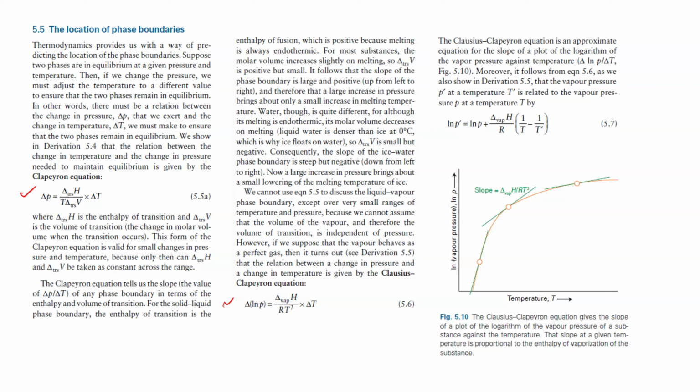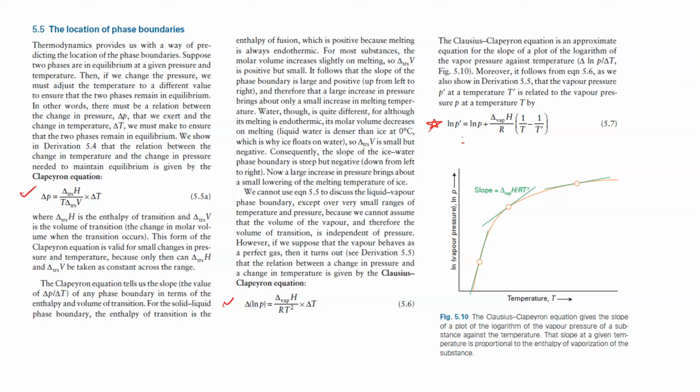So if you rearrange it, we can see that the vapor pressure P prime at temperature T prime is related to the vapor pressure P at temperature T. This gives us the following relationship, which gives us a y equals mx plus b style linearization that we can plot, where we have y and then mx plus b. And that is incredibly useful because we can see this in figure 5.10.